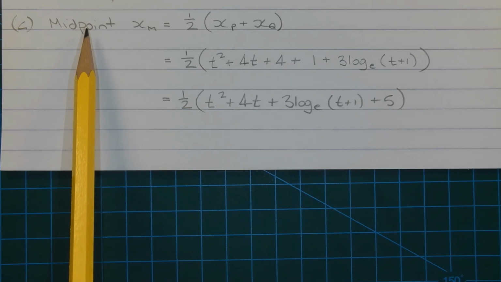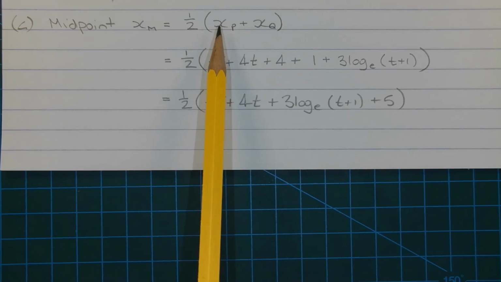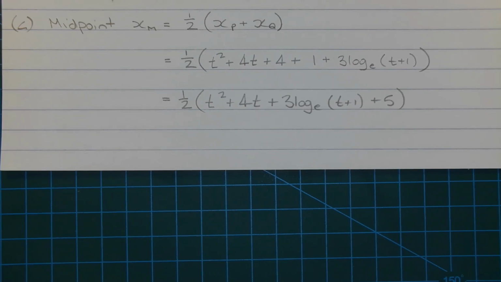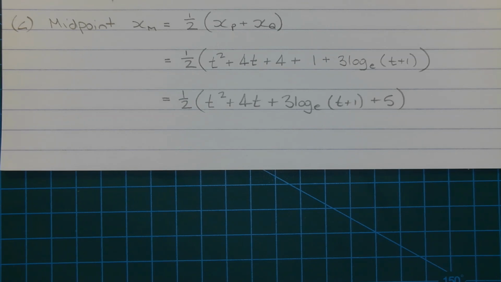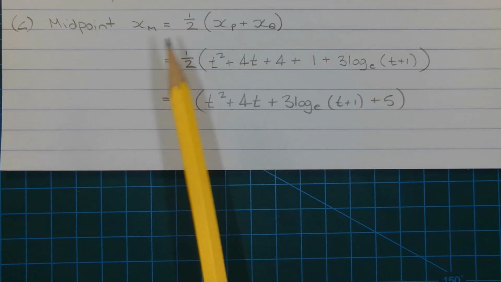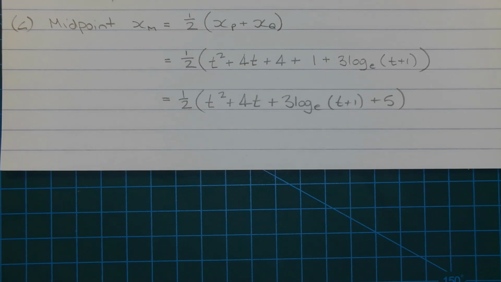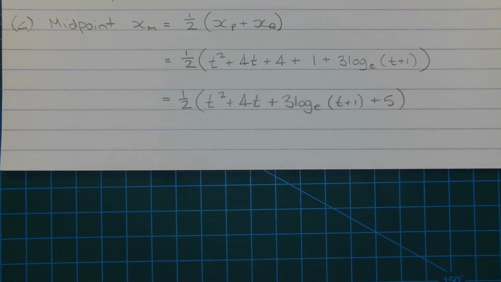The position of the midpoint M, which I've denoted with an xm, is the average of xp and xq. Now xp is the position of particle P with respect to time, and xq is the position of particle Q with respect to time. And to find the average of xp and xq, we add them together and divide by 2, or we add them together and multiply it by 1 over 2.